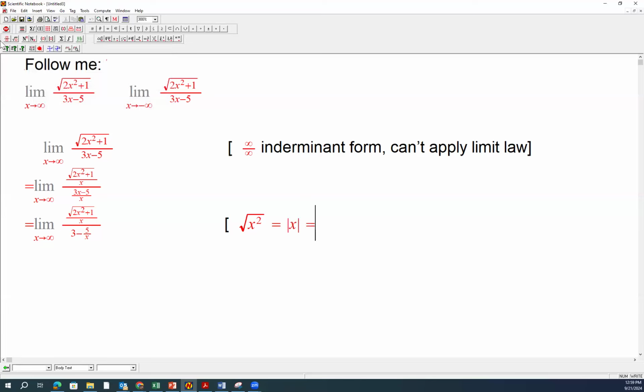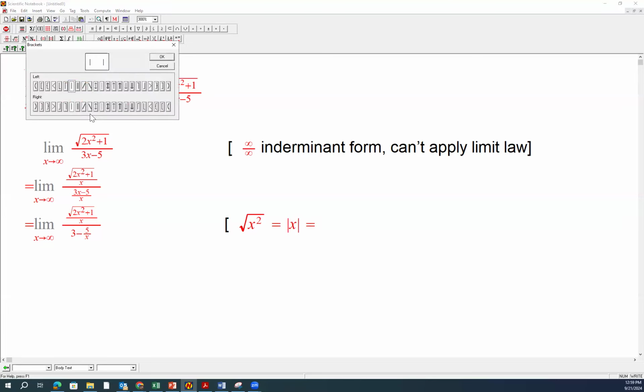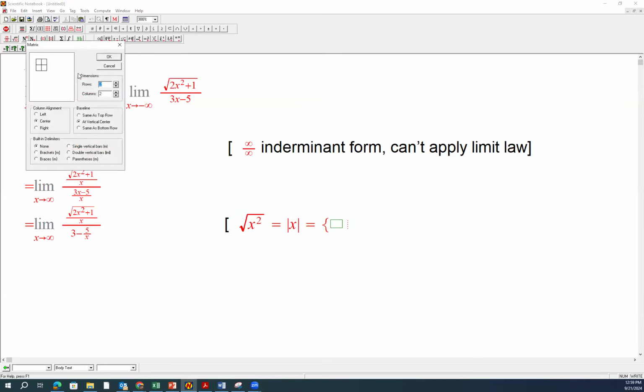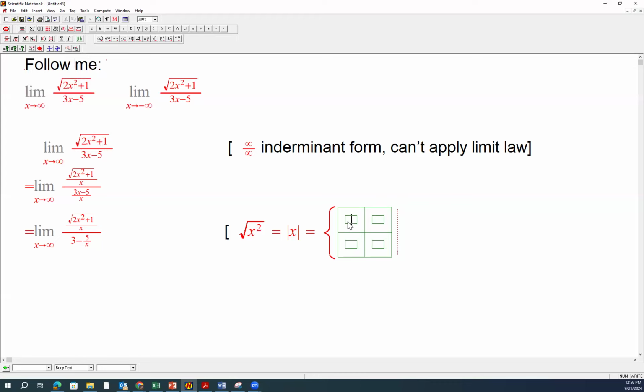If x is positive versus x is negative, it's different. If x is greater than or equal to 0, the square root of x squared, which is the absolute value of x, is the same as x.